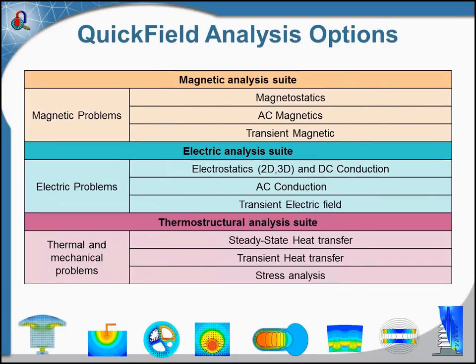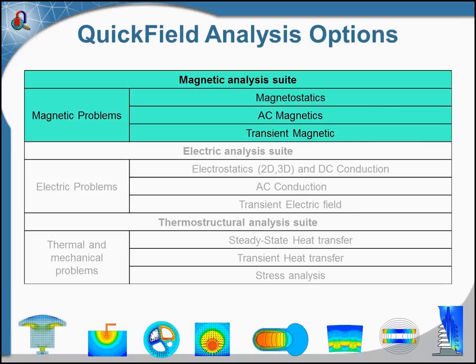And from variety of QuickField analysis models, our main focus today will be on the magnetic analysis model group. They include DC magnetics, AC magnetics, and transient magnetic analysis.